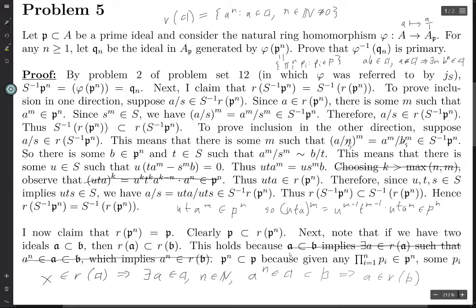This part here should be replaced with this part.